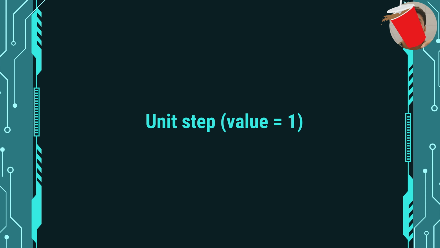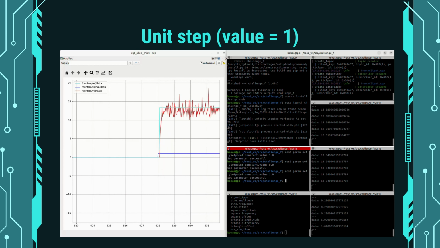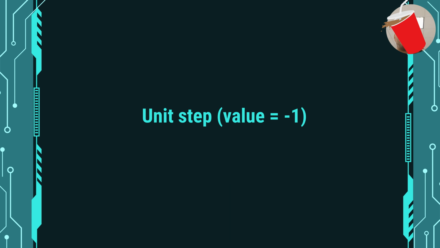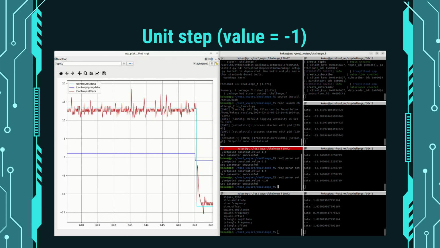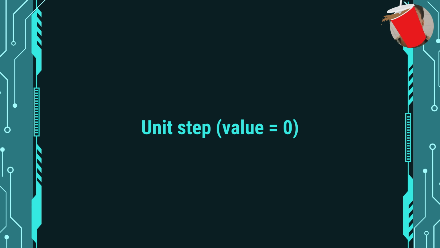In this step we send to the node a unit step with value 1. And here we send a unit step with value -1. Next step we send a unit step with value 0.